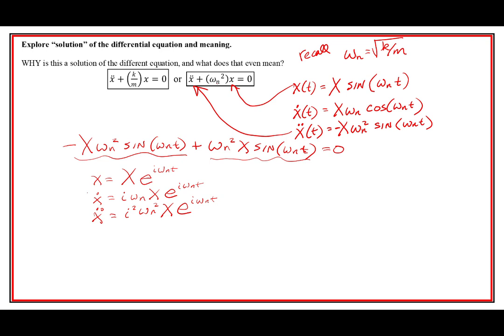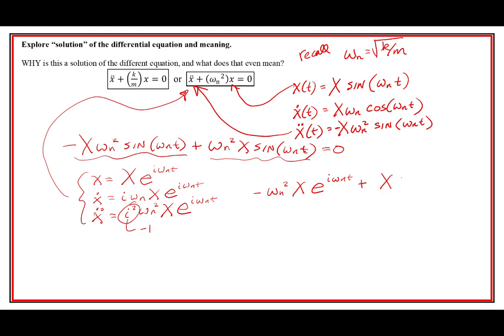And once again, if you plug these back up into here, you will find that i squared turns into negative 1. So you get negative omega n squared x e to the i omega n t plus x.